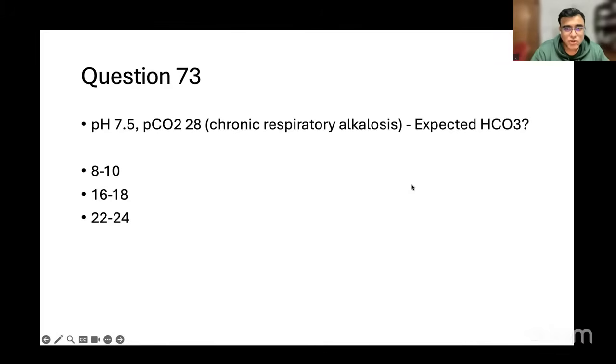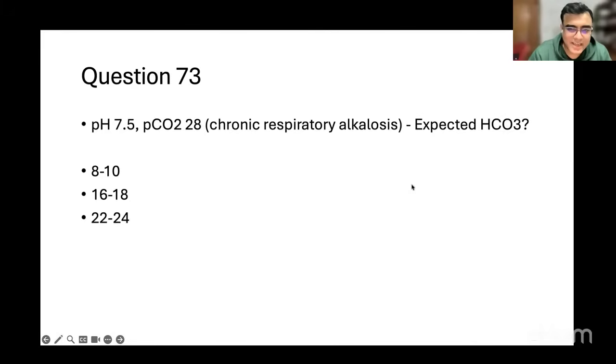The change in PCO2 is 12, so 1.2 into 5 will be around 6. So bicarb will reduce by 6. 24 minus 6 is 18. So the correct answer will be 16 to 18.